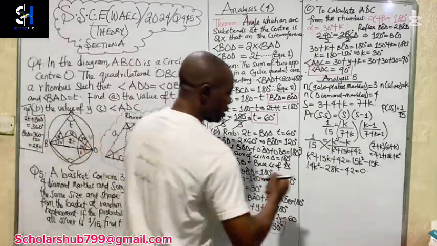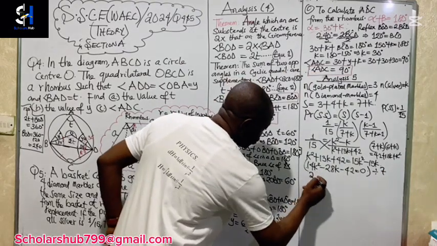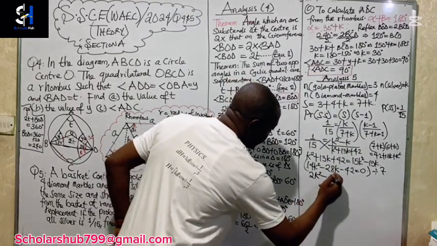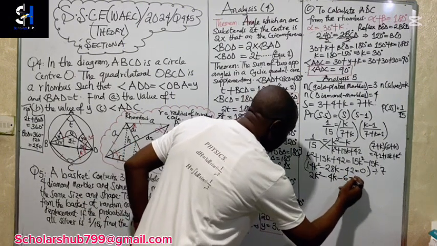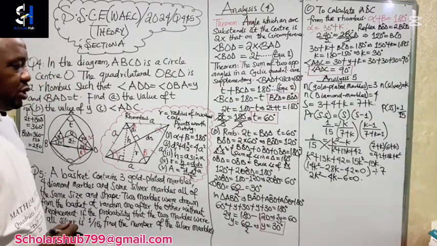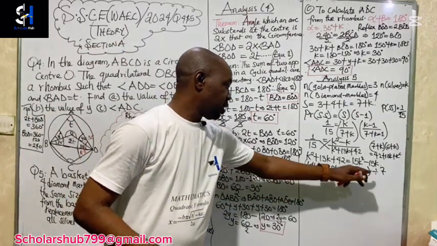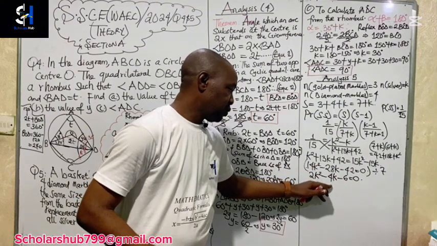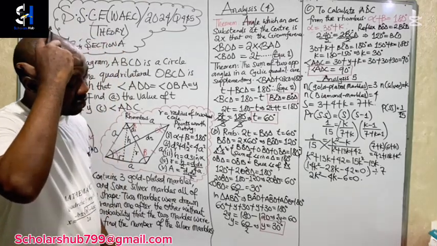So if this equation is divided by 7, then this will reduce to 2k squared minus 4k minus 6 equals to 0. We can still reduce it. 14 divided by 7 is 2, 28 divided by 7 is 4, 42 divided by 7 is 6, because 6 times 7 is 42.